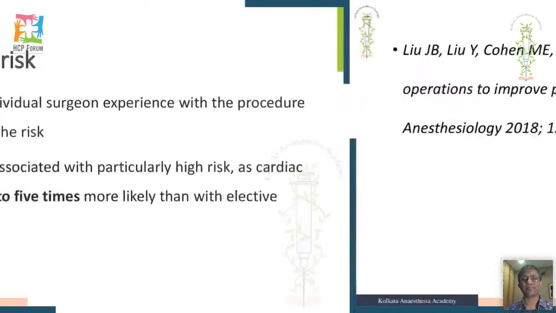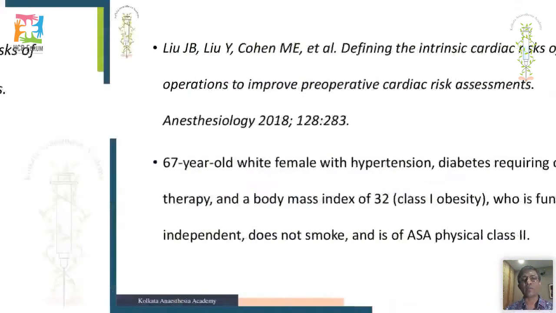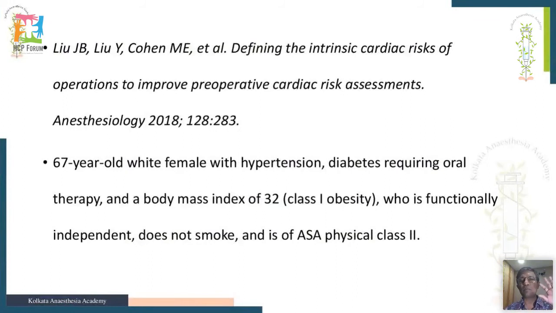And if you look at it, this is a very elegant study and publication which was done in 2018 by Liu. What they did was take a patient, like a 67-year-old female with hypertension and diabetes requiring oral therapy, obese, functionally independent, who does not smoke, and is ASA physical status 2. And what is the cardiovascular risk if the person undergoes these kinds of surgeries?